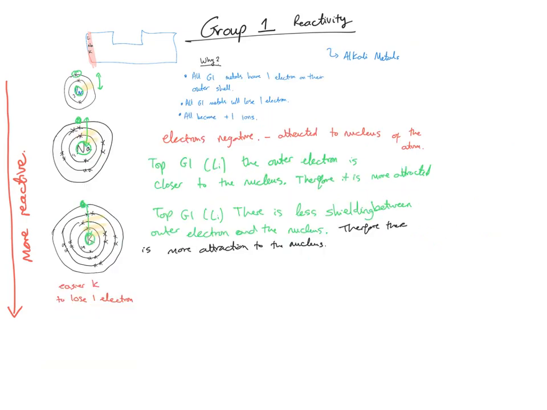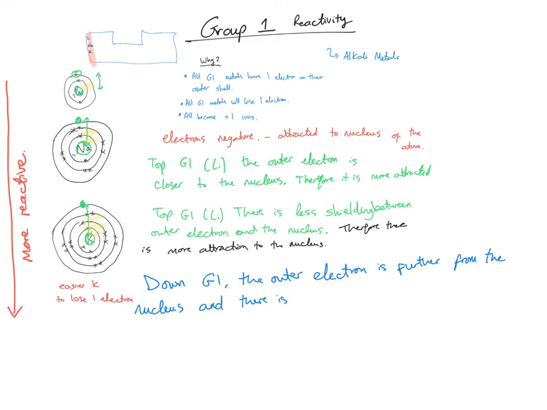So to summarise, down group 1, the outer electron is further from the nucleus and there is more shielding.